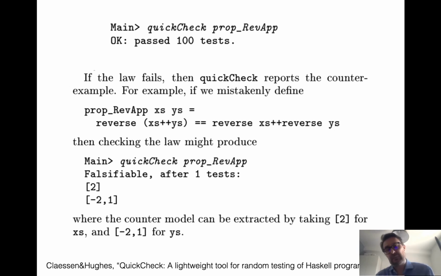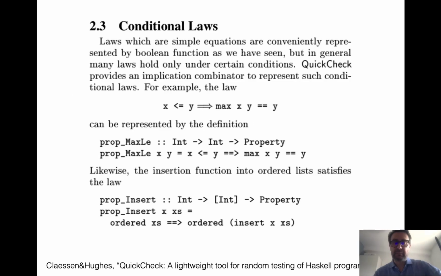So, okay, it's not minimal. We, as humans, can come up with a smaller example where it would be enough to have an even shorter YS actually. But the values in the two lists cannot be the same, because then the property is actually true even though it's wrongly written. So, you know, these are the things you can explore.